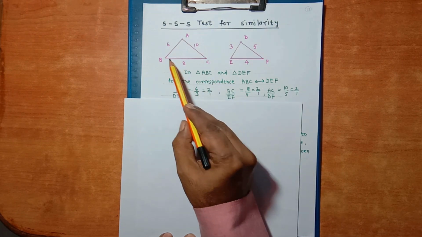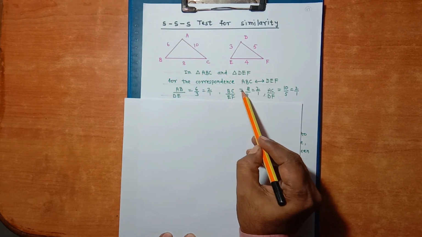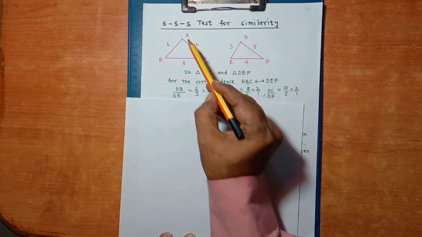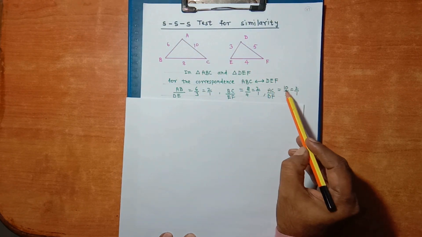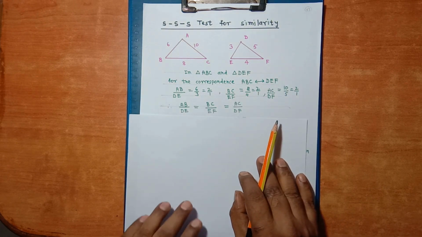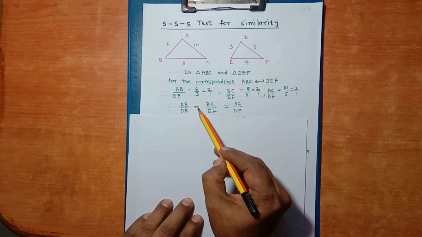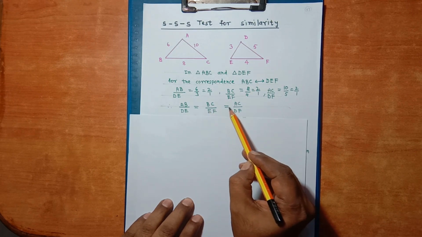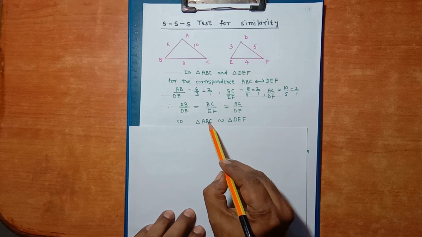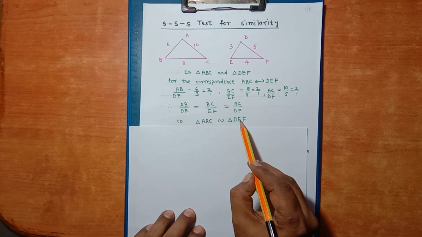BC upon EF is equal to 8 upon 4 is equal to 2 upon 1. AC upon DF is equal to 10 upon 5 is equal to 2 upon 1. That means AB upon DE is equal to BC upon EF is equal to AC upon DF. Then triangle ABC is similar with triangle DEF.